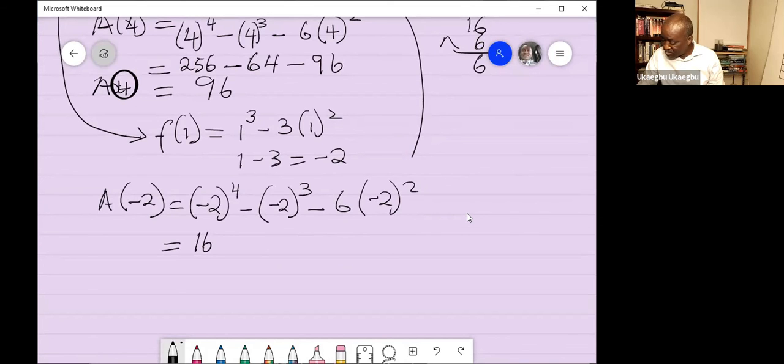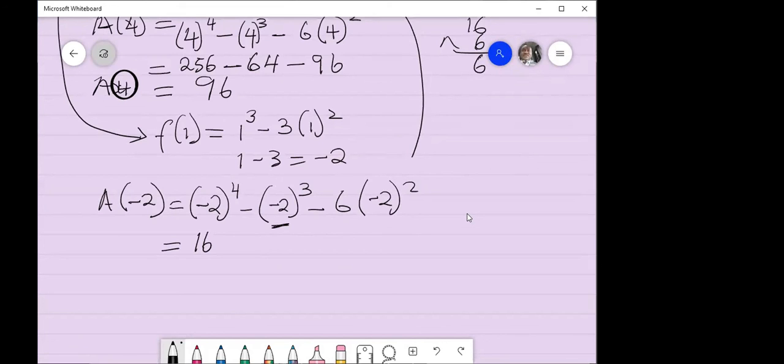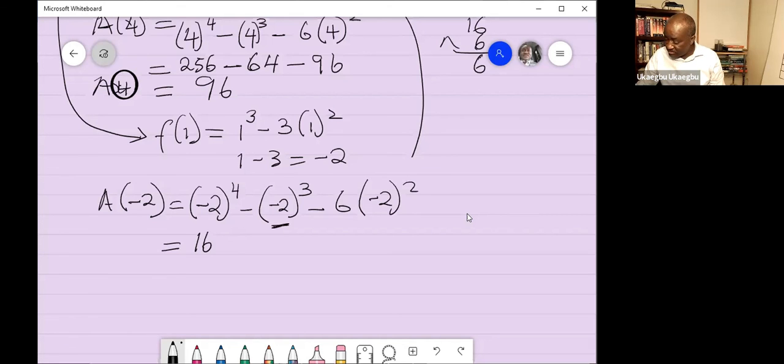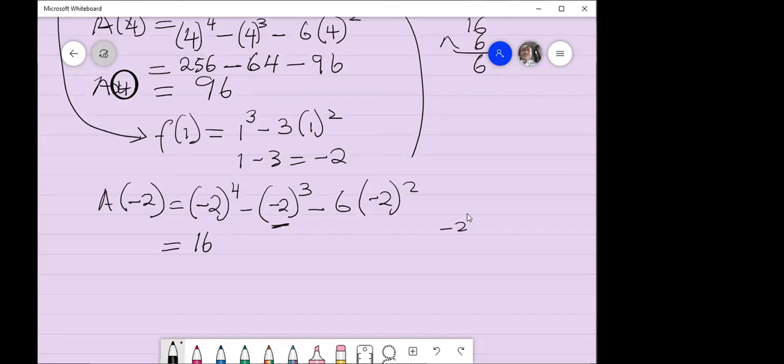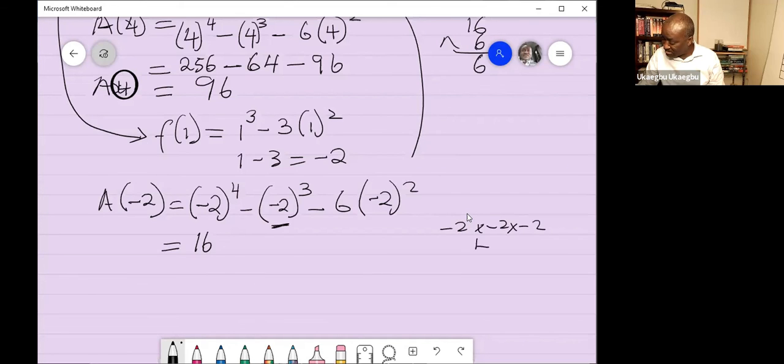Then this one will give us negative 8, because you are going to have negative 2 times negative 2 times negative 2. So this is positive 4 times negative 2, which is negative 8.